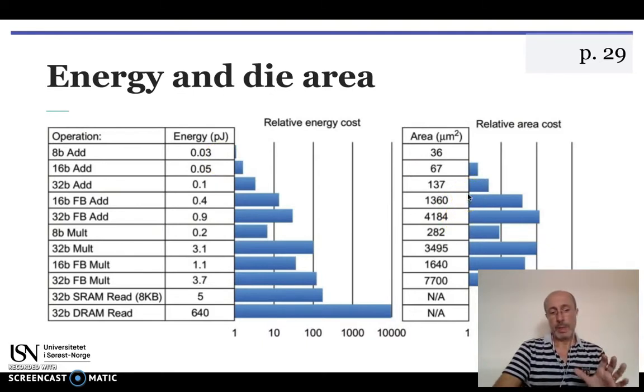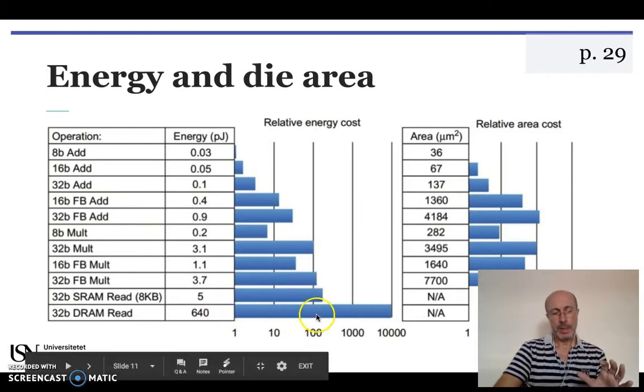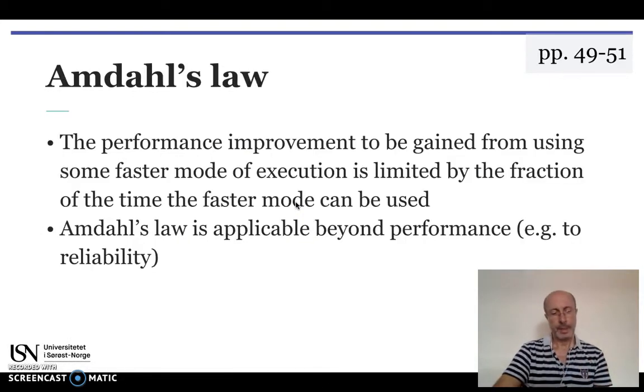Yet this is so much lower than the difference between the energy consumed by a 32-bit DRAM read access cycle and the same 8-bit addition considered earlier. So it's a struggle to search for the best trade-off between performance and energy consumption.